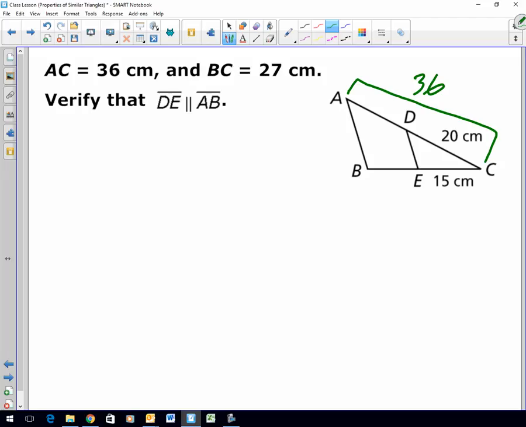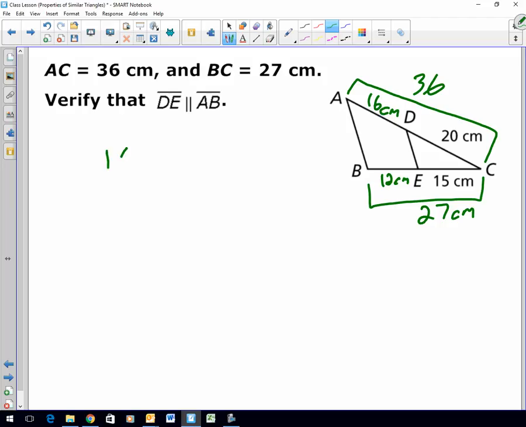How much is A to D? 16. If you got that far, give yourself a round of applause. BC is a total of 27 centimeters. How much is B to E? If you got that far, give yourself a pat on the back. That means that I have to set these up proportionally. Check it out.